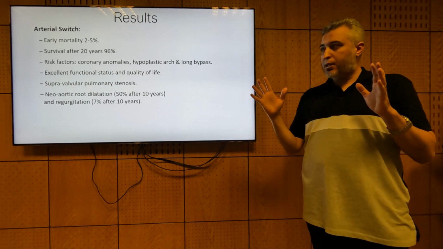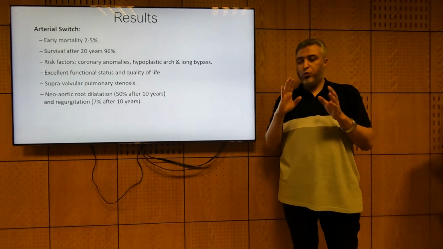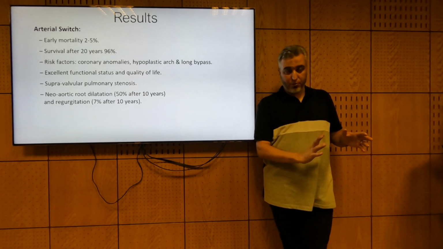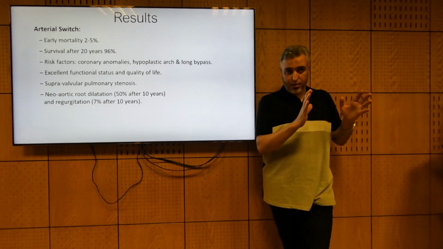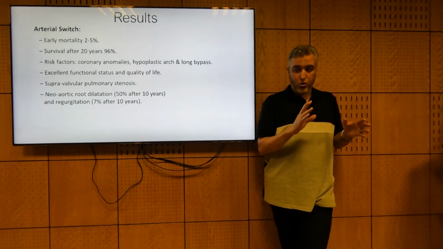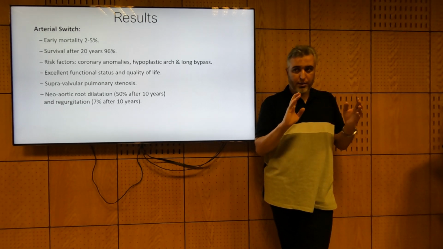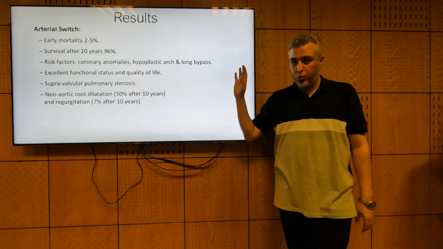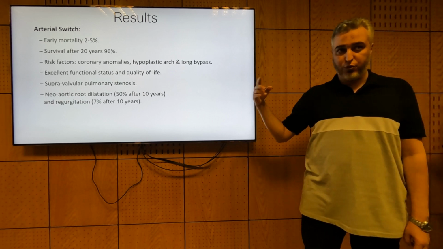It seems like that, because when we do the arterial switch operation, we keep the root where it came from. So this new aortic root was originally the pulmonary root, and it seems that the wall is not very well suited to maintain systemic pressure for a long time.